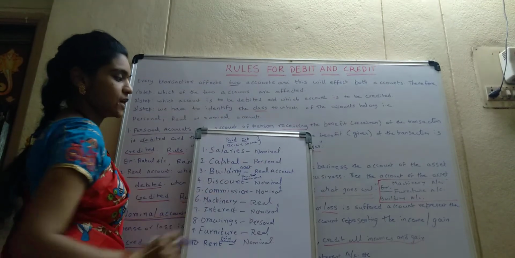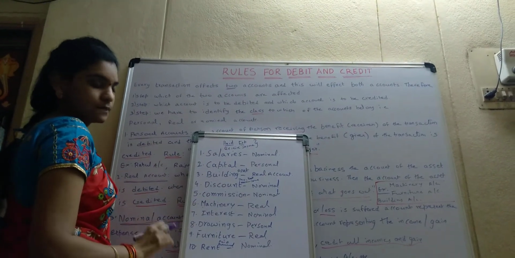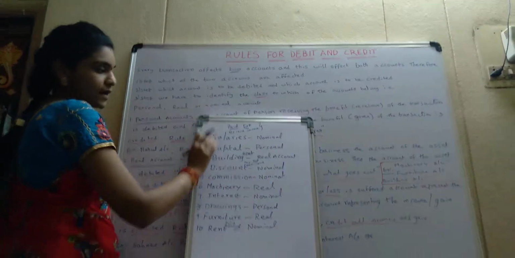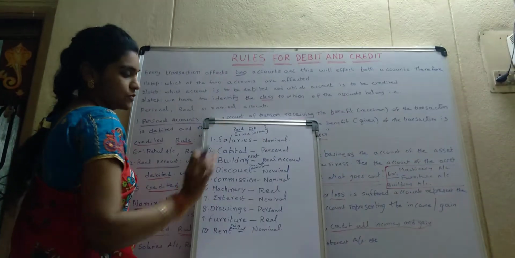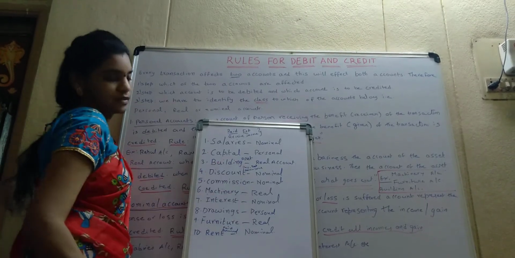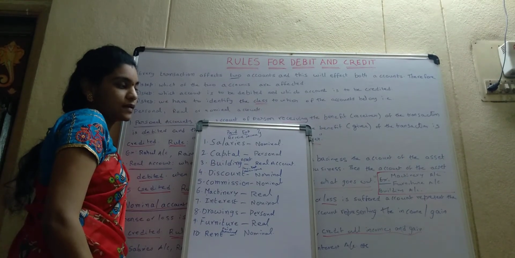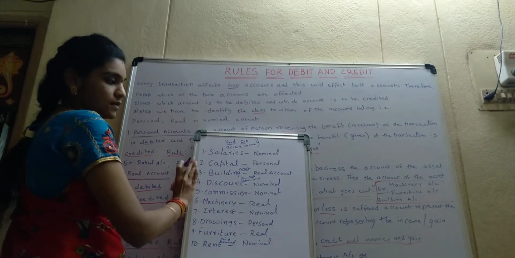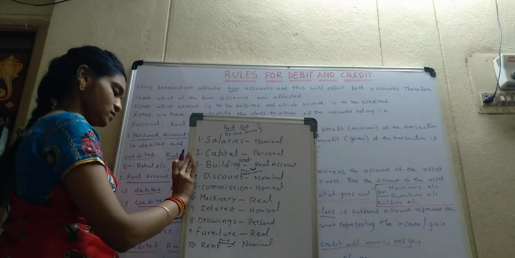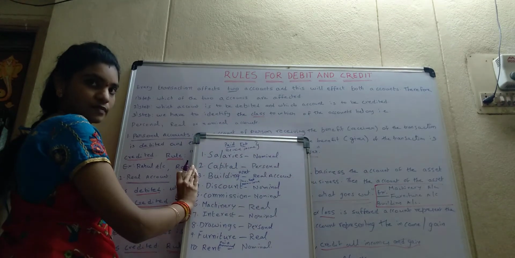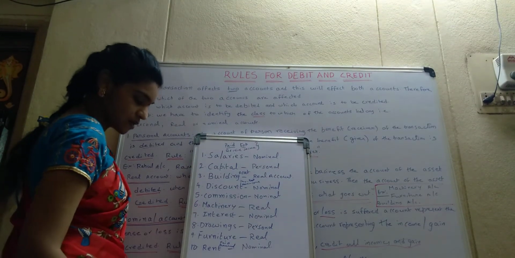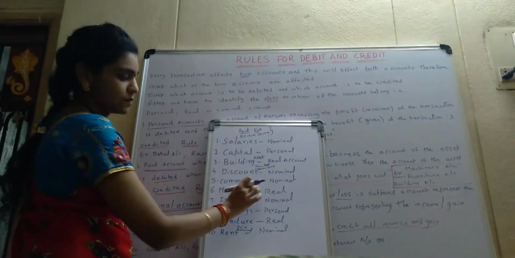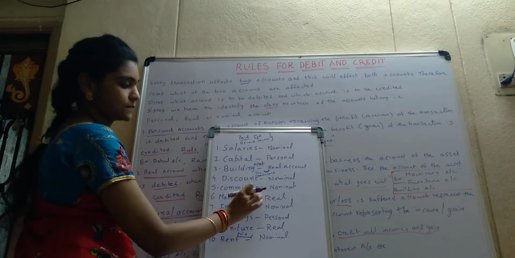Real account, assets account: debit what comes in, credit what goes out. Discount, income or expense, nominal account: debit all expenses or losses, credit all incomes and gains. Same rule for commission.